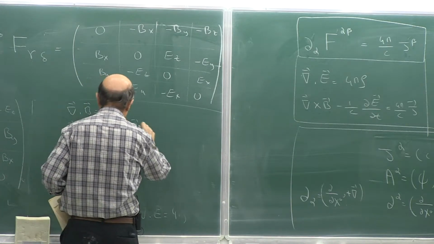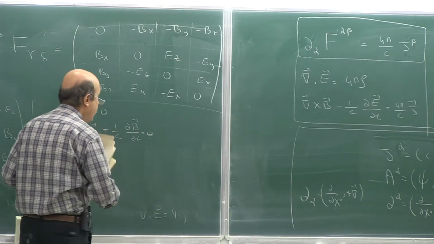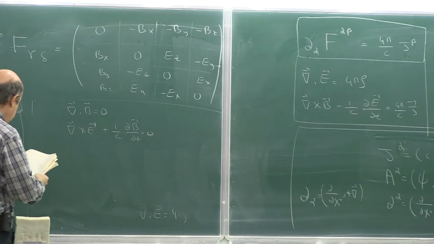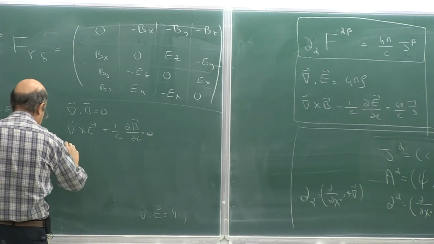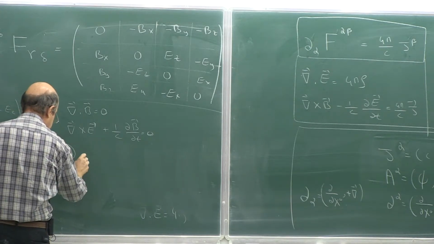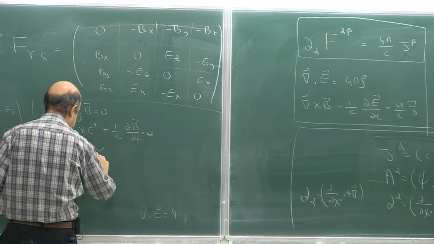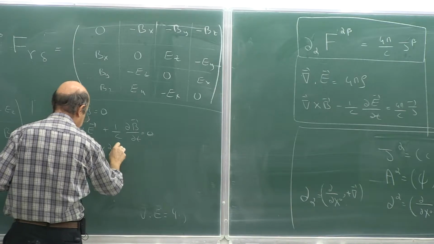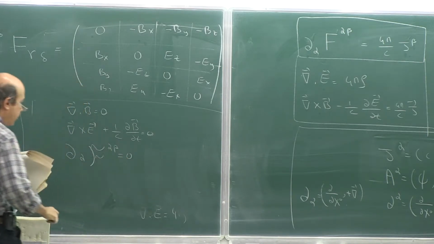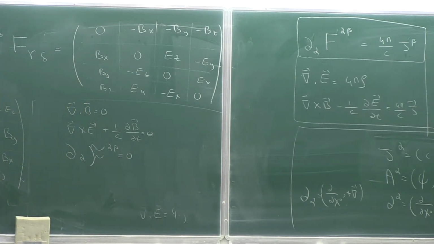Now, the covariant form of this is expressed simply in this equation. Del over del alpha, now F dual alpha beta. Okay. So here we use the dual.